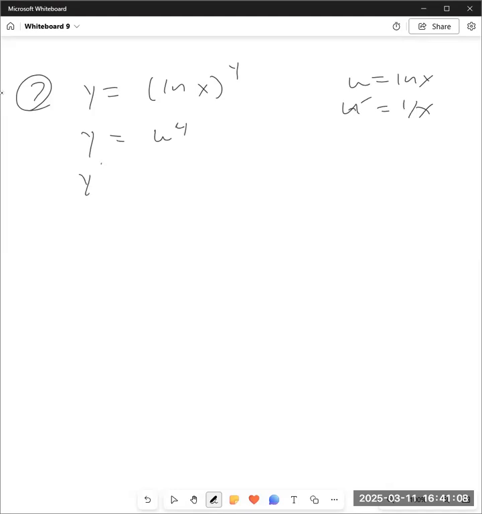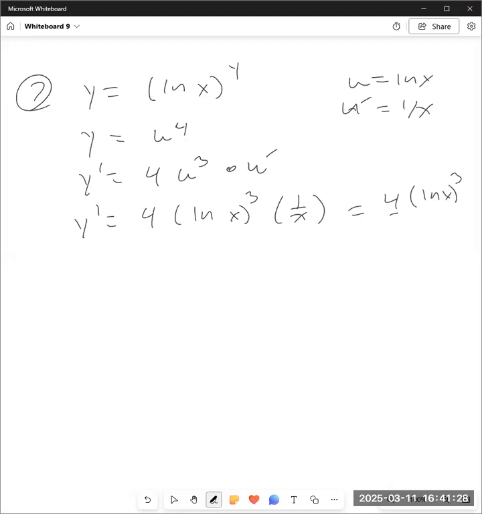So y prime is going to be 4 times u to the 3rd times u prime. So y prime is 4 times ln of x to the 3rd times 1 over x. So this is 4 times ln of x to the 3rd over x.